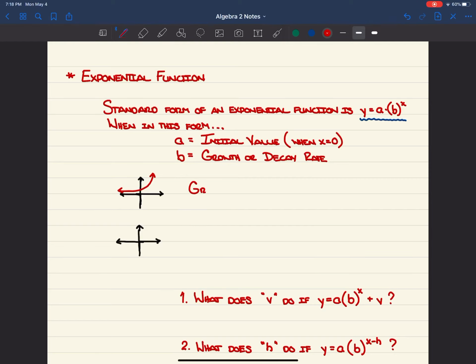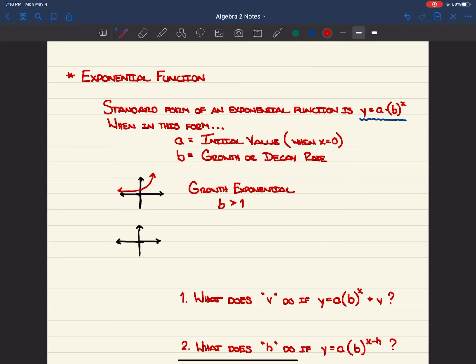So I'm going to put here growth exponential. A growth exponential is any time where we have this b value greater than 1. So anytime your b value, that value being raised to the exponent of x, has a value greater than 1, that's going to be a growth.